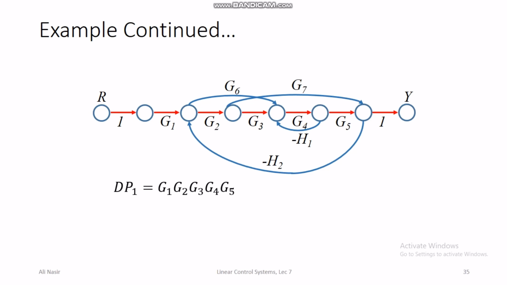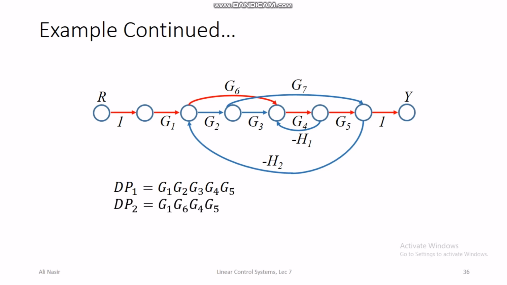So R and Y has this direct path, but this is not the only direct path between R and Y. If you look closely, there is another direct path which is highlighted right now, which is G1, G6, G4, G5. So you can take an alternate path from R to Y, and the transfer function of this direct path will be G1, G6, G4, G5, as I have written on the bottom of the slide.